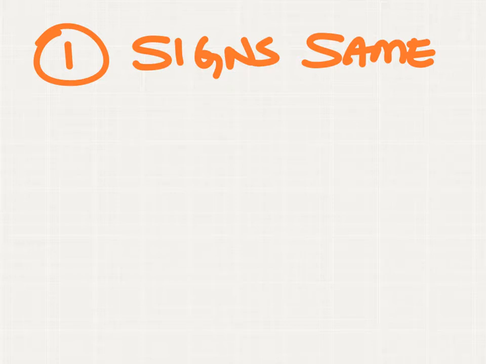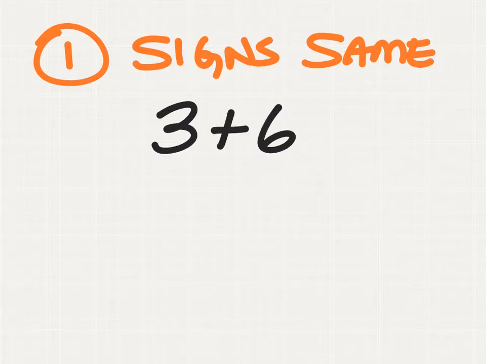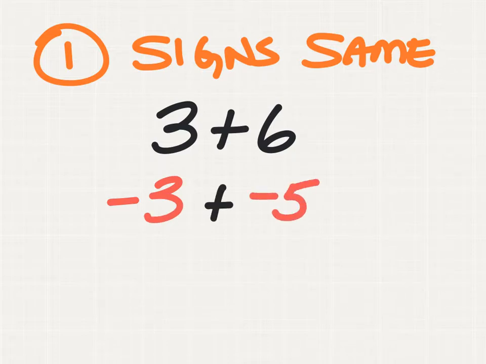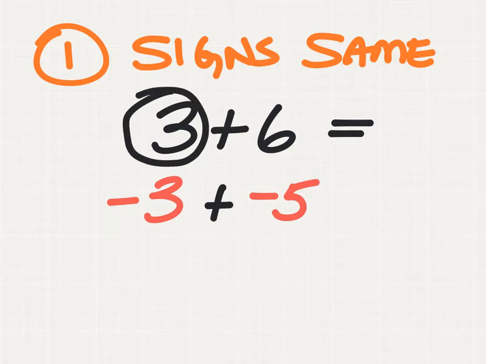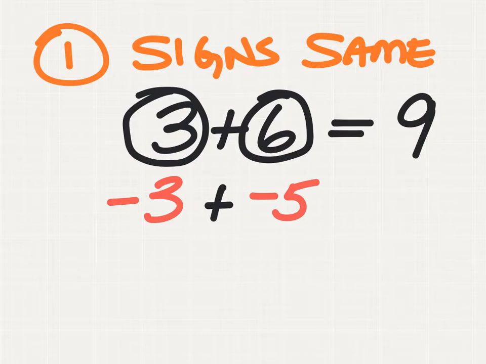Let's take a look at a few more examples. So I know that my algorithm says when the signs are the same, when I am adding two integers that share the same sign, so maybe 3 plus 6, or negative 3 plus negative 5, I simply combine them. 3 here, 6 here, makes 9, and keep the sign they already share.